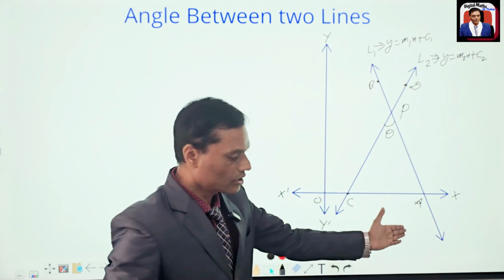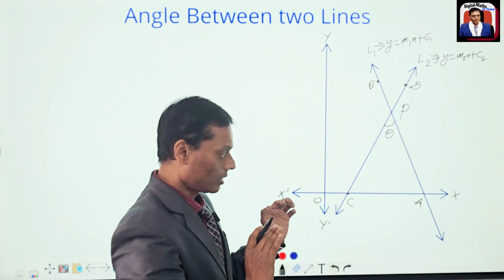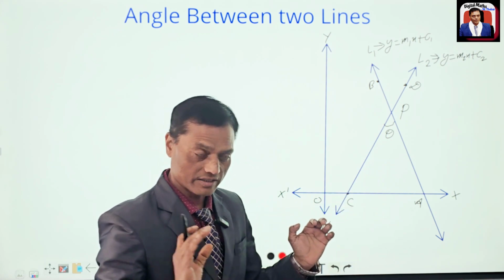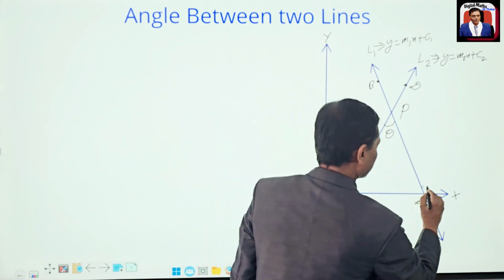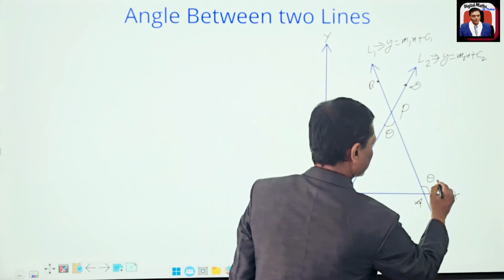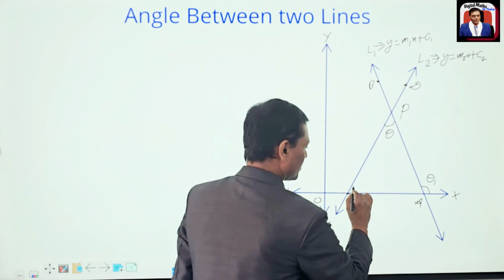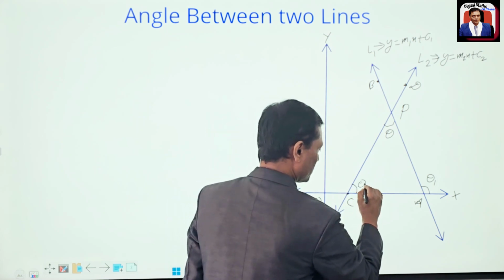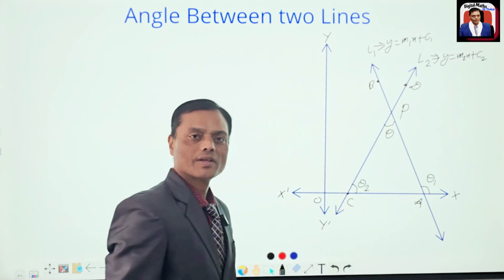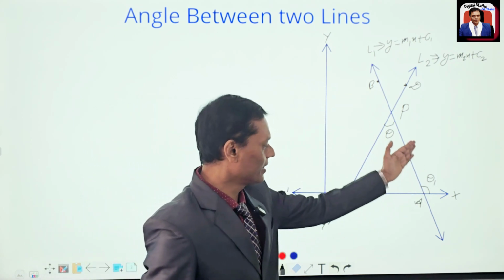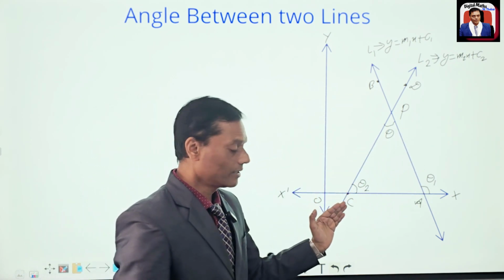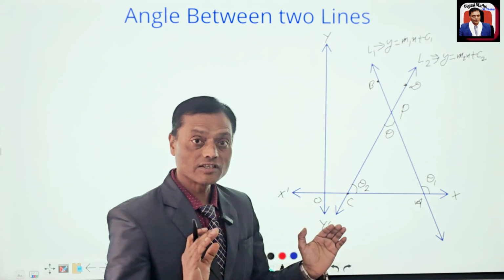Now, if we have two lines, of course, there must be an inclination. Let the inclination of the first line be theta 1, and that of the second line theta 2. Then they must have slopes also.